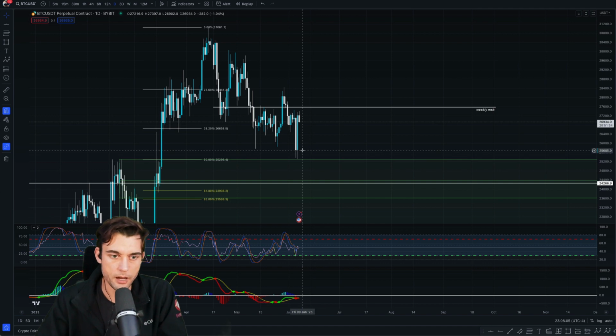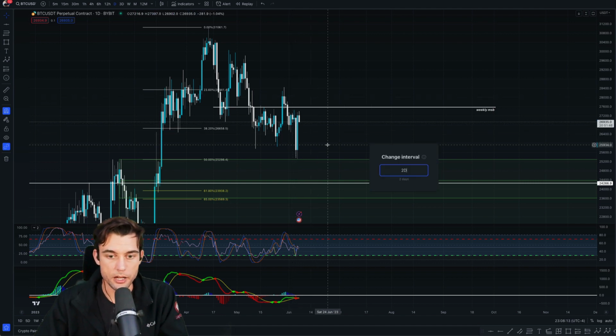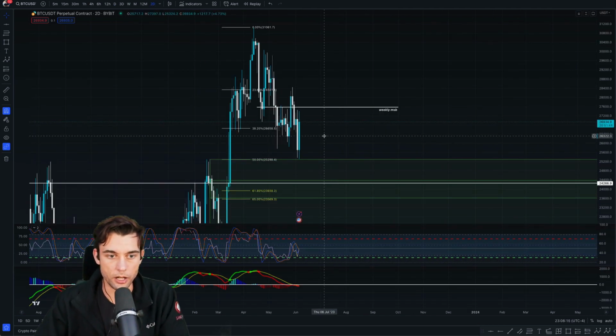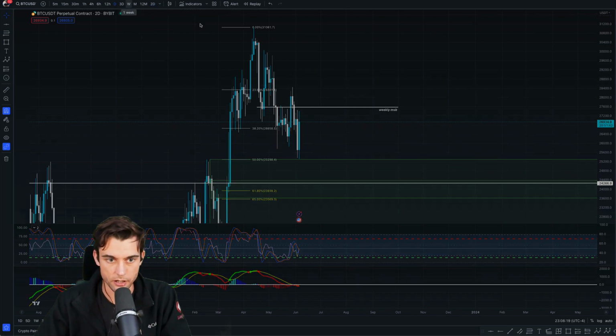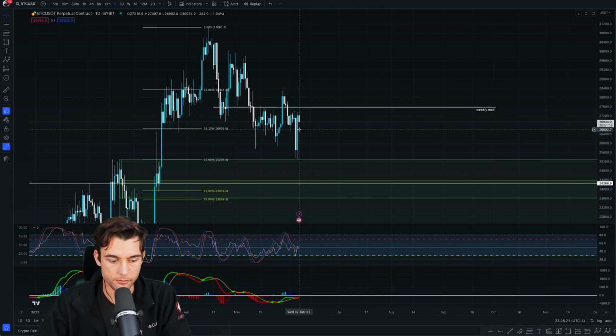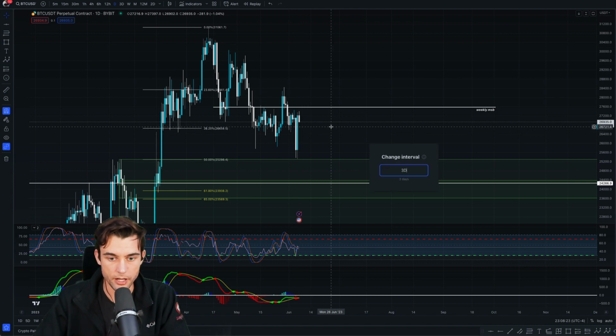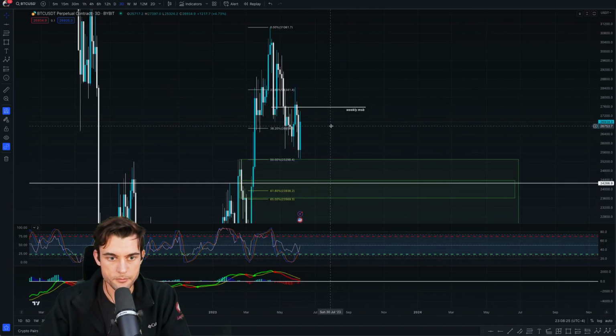So this could be a bottom because not only is this a 5 wave structure, but if we go to the 2-day, I guess you don't see it on the 2-day for some reason. Maybe a 3-day will show it. Open right there, close right there.